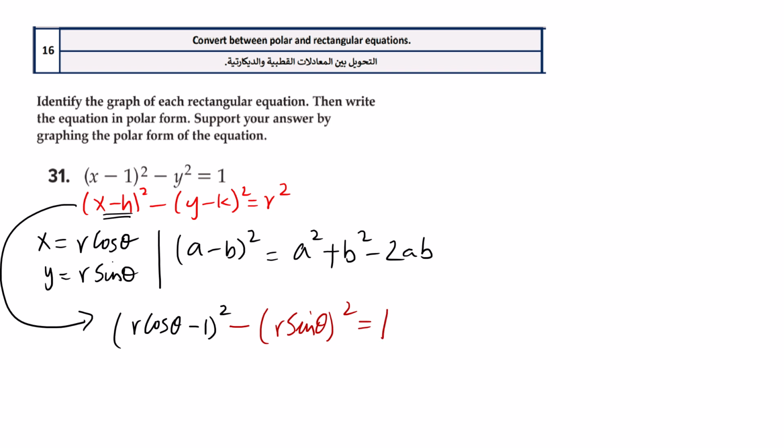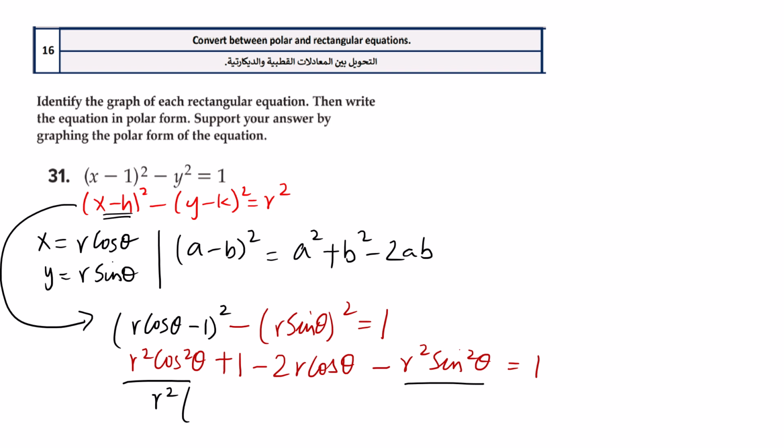So let's open this up. r square cos square theta plus 1 minus 2 times r cos theta, and here I also have r square sin square theta. Now I'll not be able to use Pythagorean, but still I can combine these two because r square is common, and this time I get cos square minus sin square.